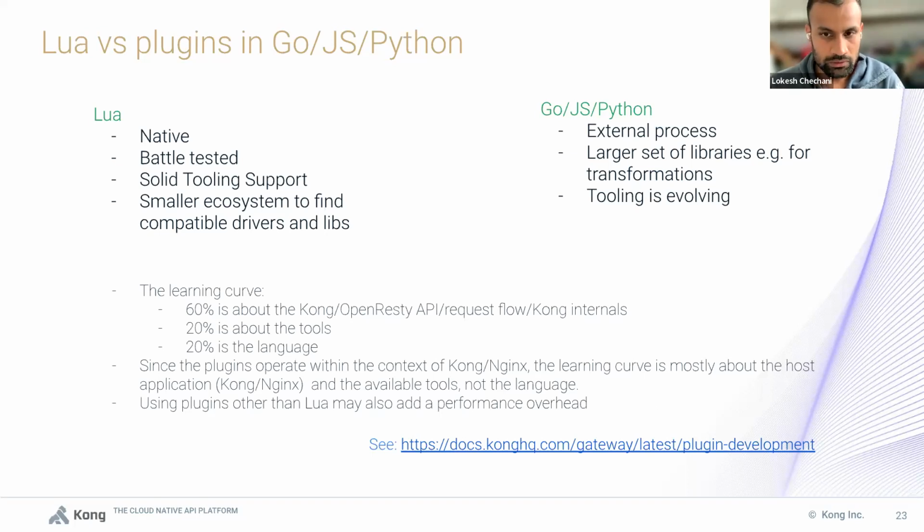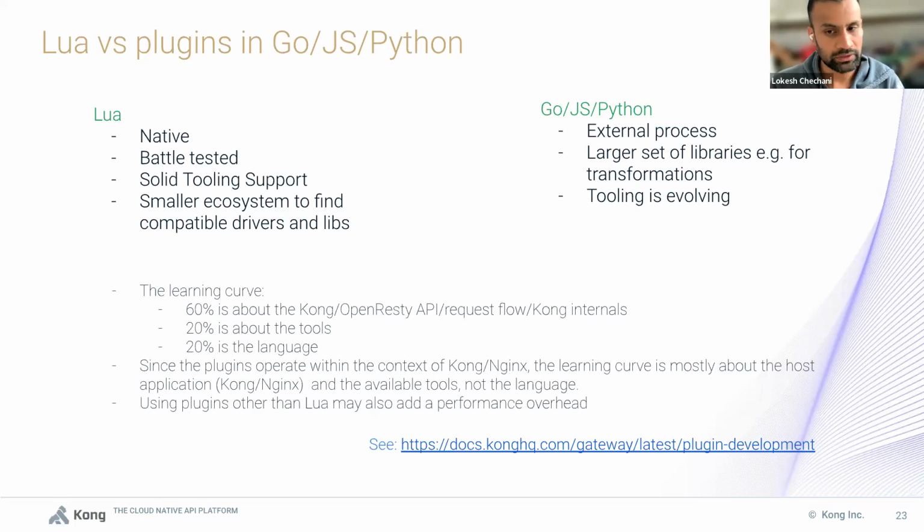For Go and the other languages, you would need to run the external process. Of course, a larger library set is available when it comes to transformation, and this is where Lua slightly lags. The lag is around, if you wanted to read some XML and convert XML to JSON, which again, I doubt why you need to do in an API gateway, but if you have certain complex business logic and you need a complex library, then you have a larger set available in other languages than Lua.